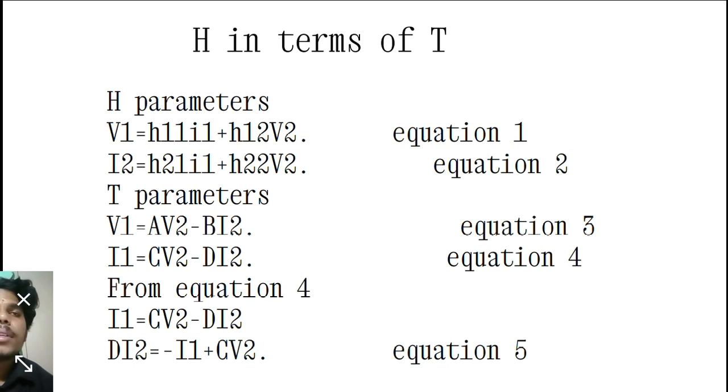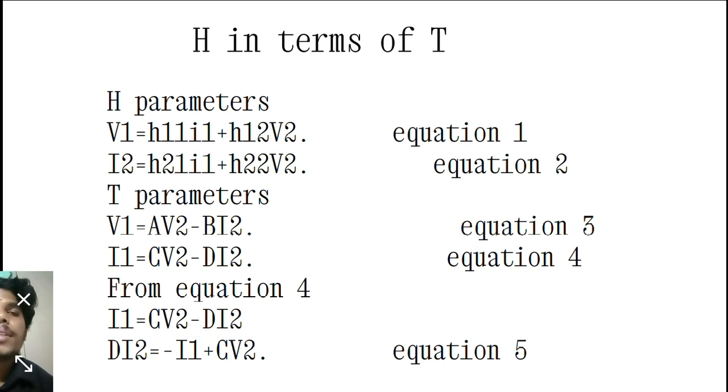H parameters in terms of T parameters. H parameters: V1 equals H11 I1 plus H12 V2. This is equation 1. I2 equals H21 I1 plus H22 V2. This is equation 2. In terms of T parameters, V1 equals A V2 minus B I2.